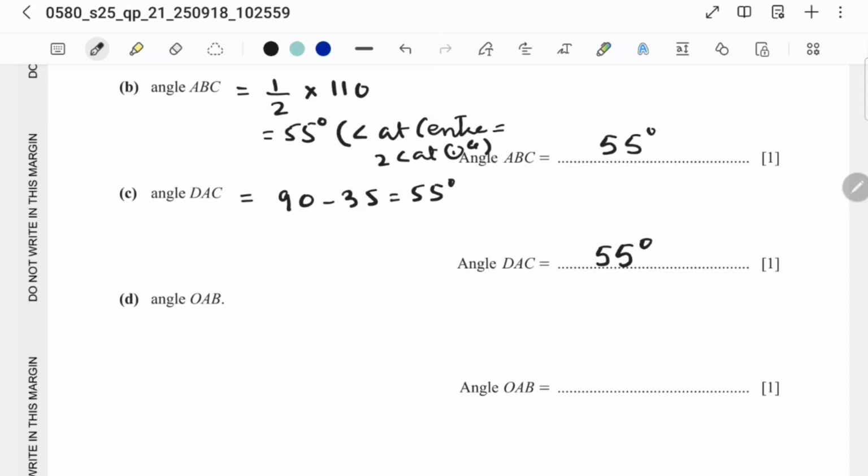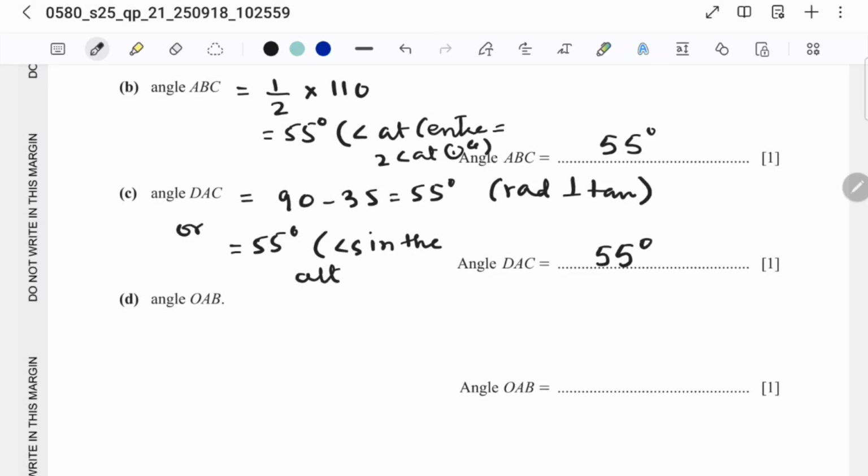The angle between the radius and tangent is 90 degrees, so the radius is perpendicular to the tangent. Or you can simply write 55 degrees, because of angles in the alternate segments.